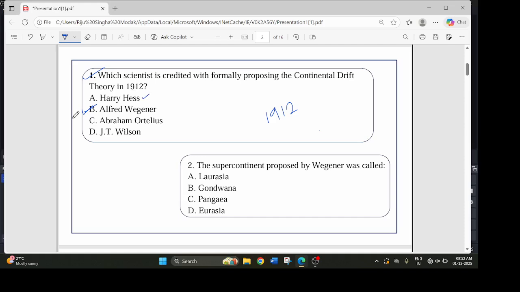Abraham Ortelius was a 16th century cartographer who first noticed the jigsaw-like fit of the continents, but did not contribute a scientific theory of continental drift. J.T. Wilson is a Canadian geophysicist who contributed to plate tectonic theory. So here the correct answer is Alfred Wegener.